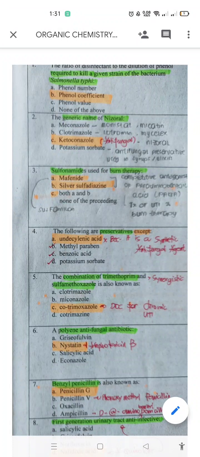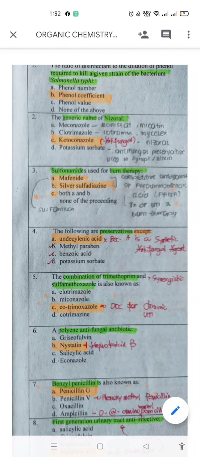They are structural analogs and competitive antagonists of para-amino benzoic acid or your PABA and prevent normal bacterial use of PABA for the synthesis of folic acid. So they are extensively used for UTI and for burn therapy.